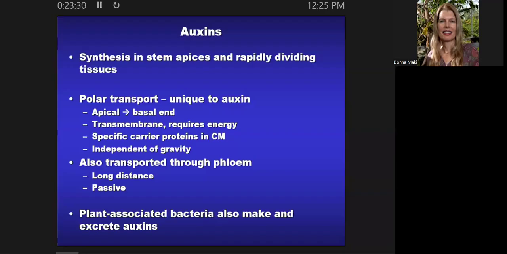We also know that microbes that coexist with plants long-term, a lot of beneficial bacteria and fungi, can make auxins themselves and excrete that out to the plant. So here's a microbe making a plant hormone, which is weird.